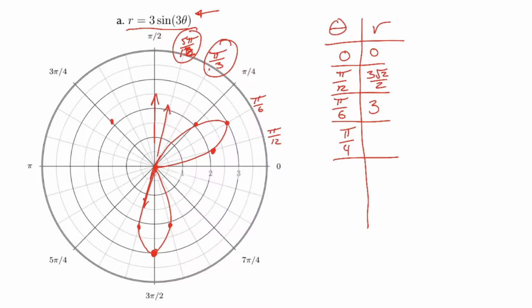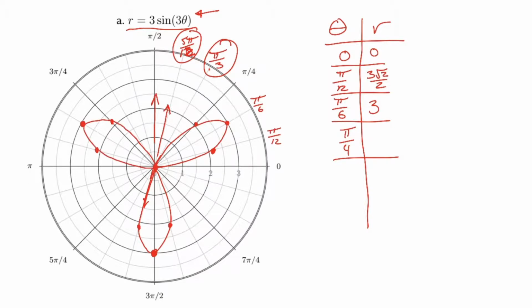Now I can guess where the next thing is going to be, but let's just go down here, all the way to pi. So we've got that point, then we've got this point here, and then the next point, and when we get to pi, we're back at 0. So let's connect those dots as best we can.